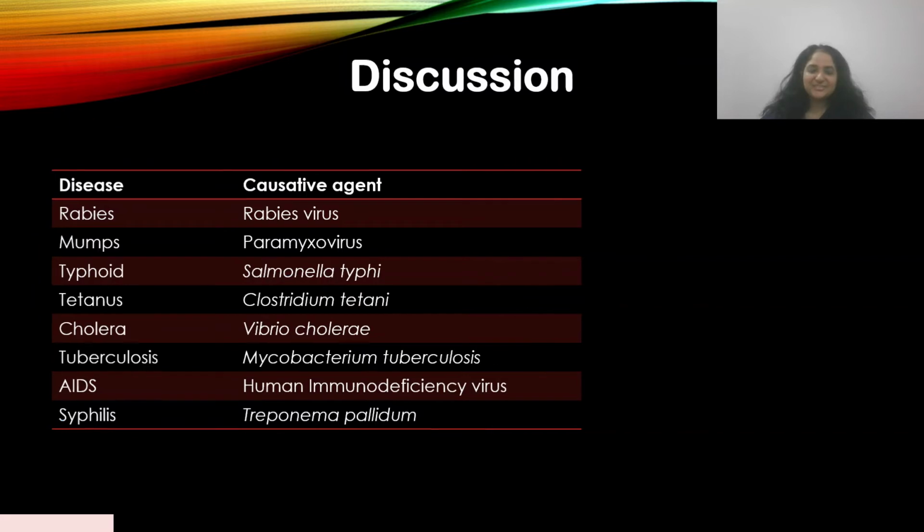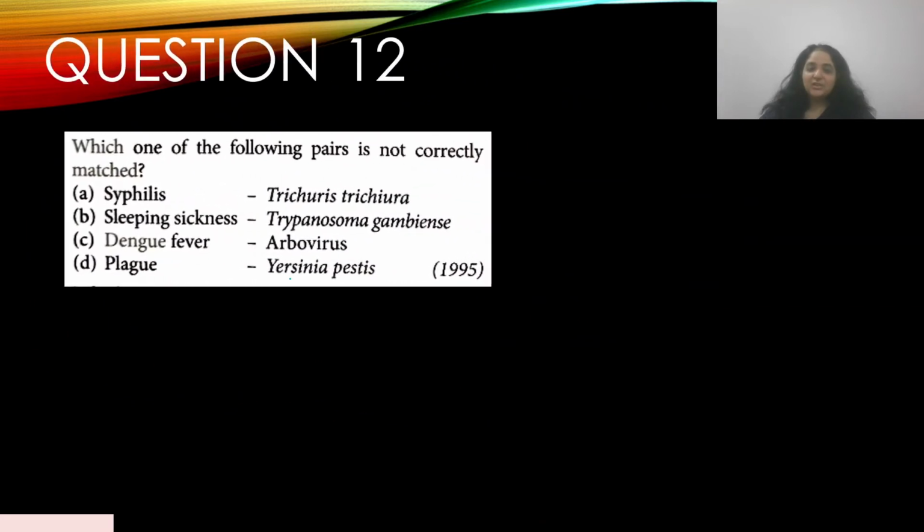Question number 12. Which one of the following pairs is not correctly matched? This appeared in the year 95. You have A, syphilis, Trichuris trichiura, which is not correctly matched. So clearly A is not correctly matched. We've already discussed syphilis many times.